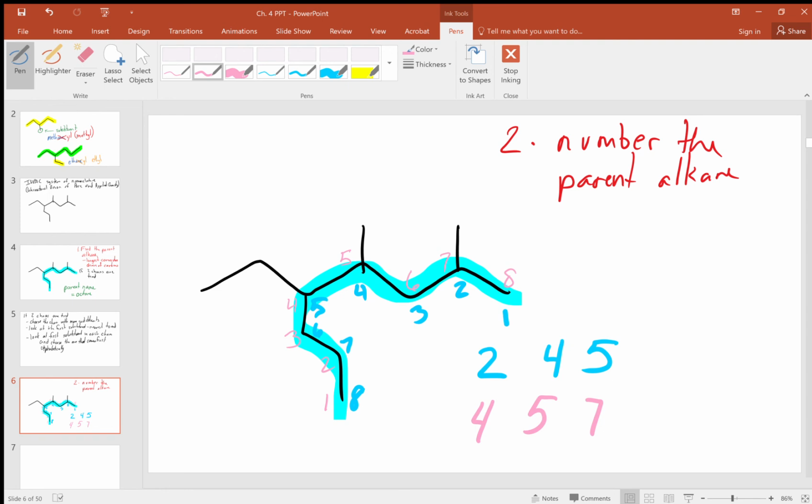So what do we do at this point? We look at the first substituent for each chain. With the blue numbers, the first substituent is on the second carbon, whereas with the pink numbers, the first substituent is on the fourth carbon.